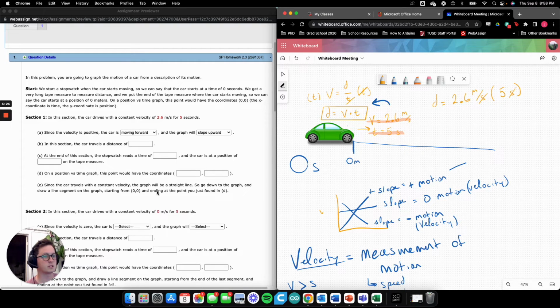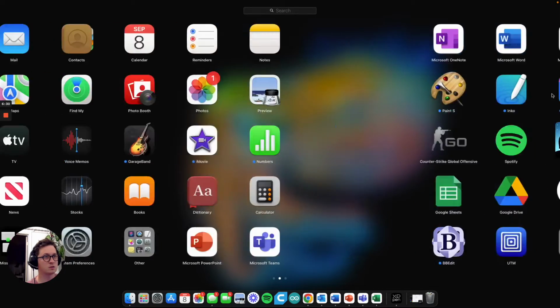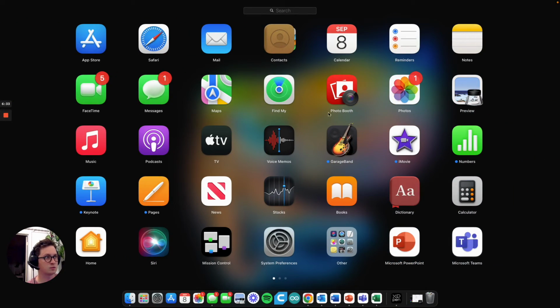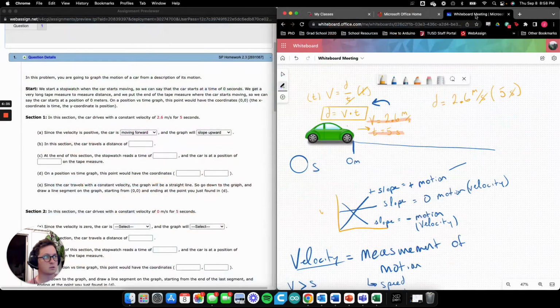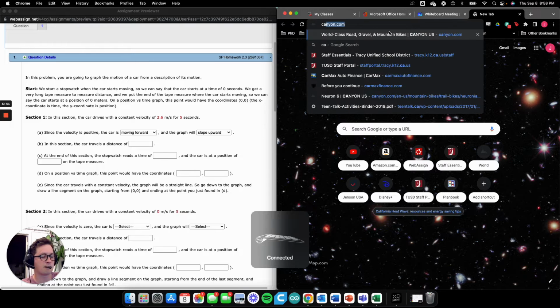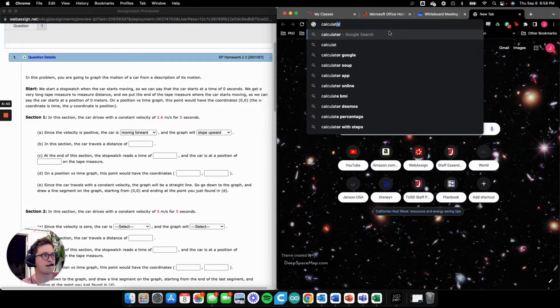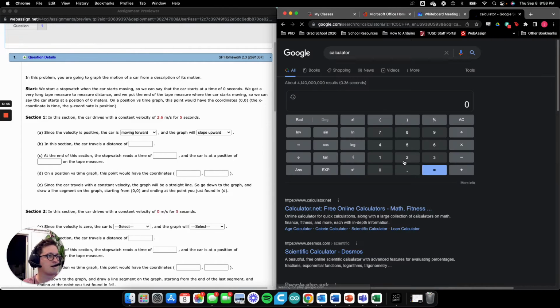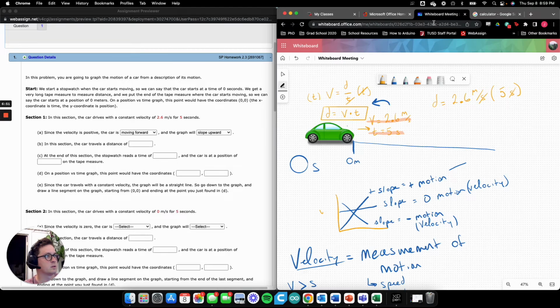I don't know what that is. Do I have a calculator on here? Probably not. Okay, 13. So the distance we get at the end there is 13 meters.